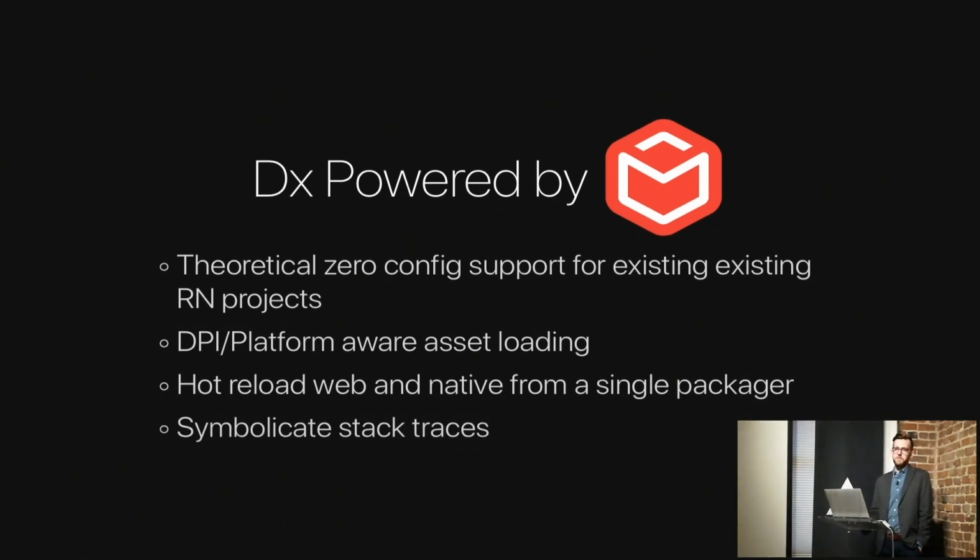We have the symbolicate function, which allows us to have that React error overlay. We can actually get the source maps without needing to open the dev tools and having the browser force and get that for us.